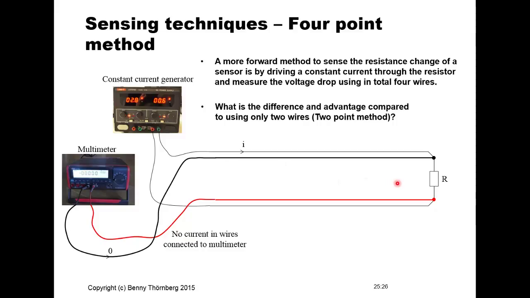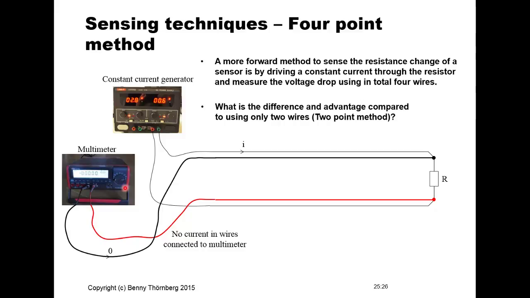So in order to avoid the contribution of the voltage drop that comes from this resistance in the wires, we use completely separate wires to measure the voltage directly over the resistive sensor. And the benefit is then that there is no current actually flowing through these wires, since the voltage meter is a high impedance voltage meter.